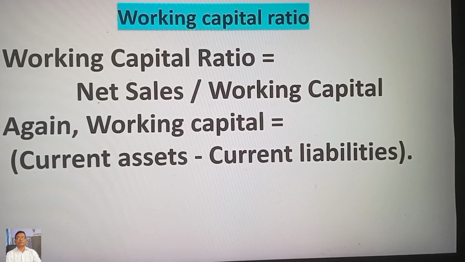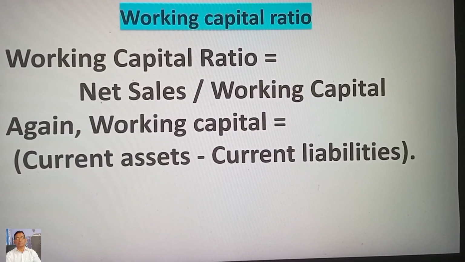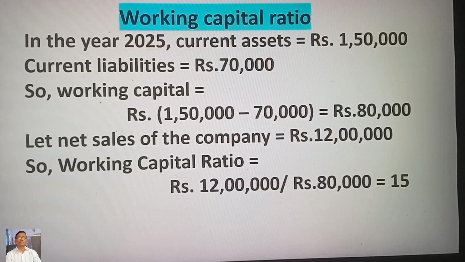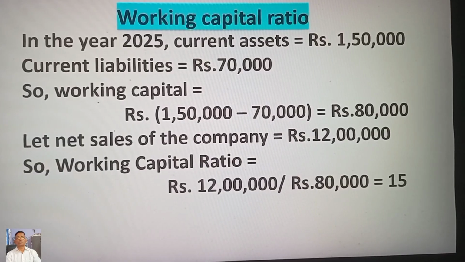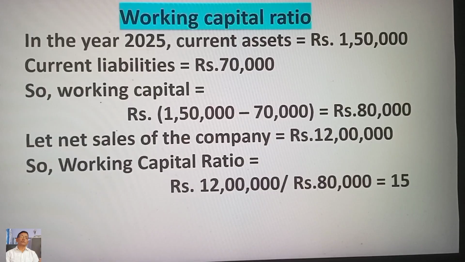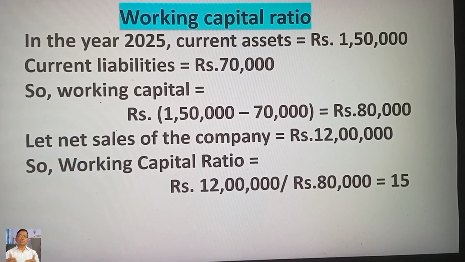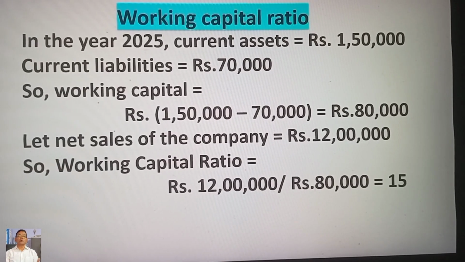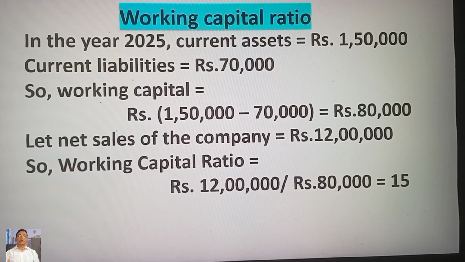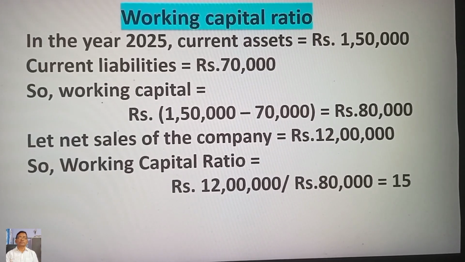The ratio indicates how efficiently a company currently uses its working capital. As for example, suppose for the year ending 2025, a company's current assets is rupees 1,50,000 and current liabilities is rupees 70,000. So working capital is equal to rupees 1,50,000 minus 70,000 is equal to rupees 80,000.